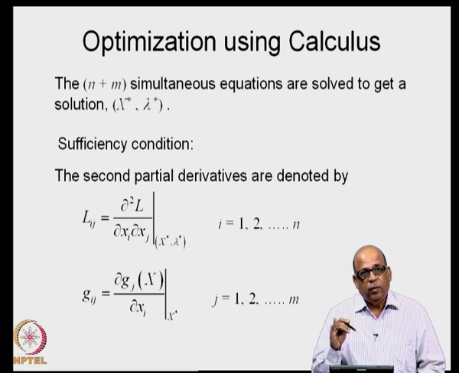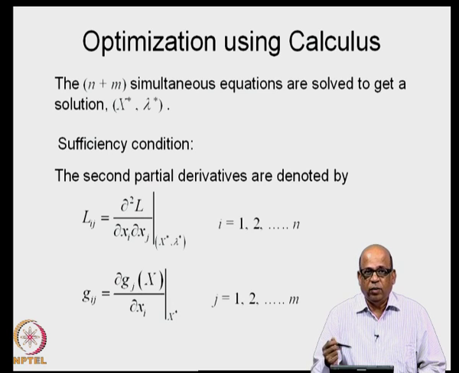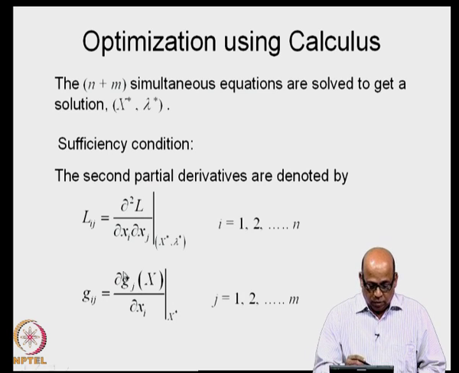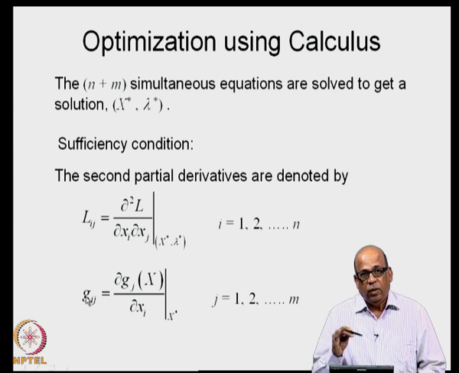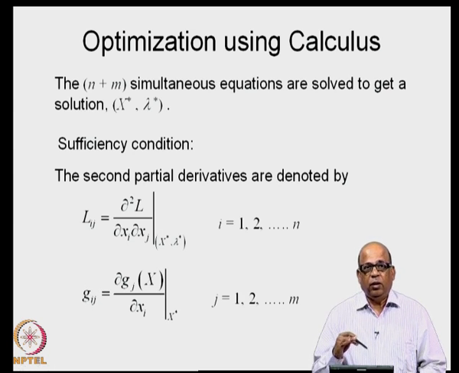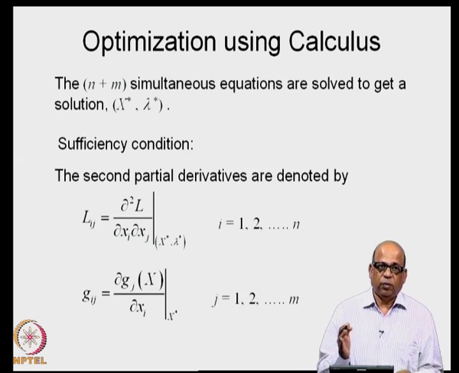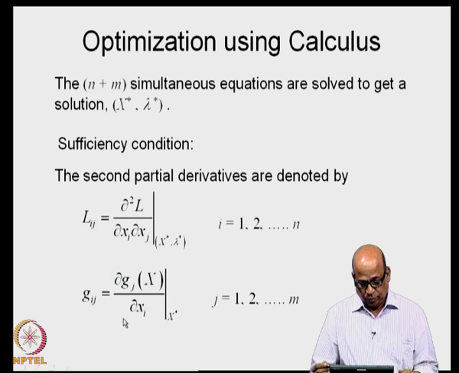Now, you have the Lagrange function L, which is a function of x1, x2, etcetera, xn, and lambda 1, lambda 2, etcetera, lambda m, and you also have the constraints. You have m number of constraints, each of which is a function of n number of variables.